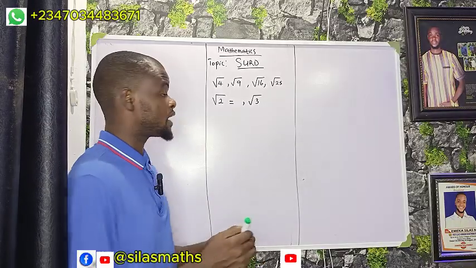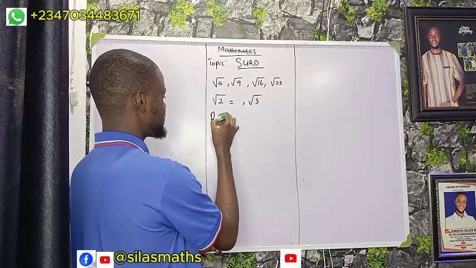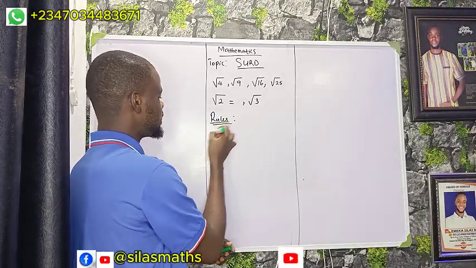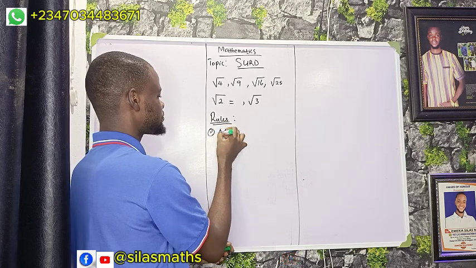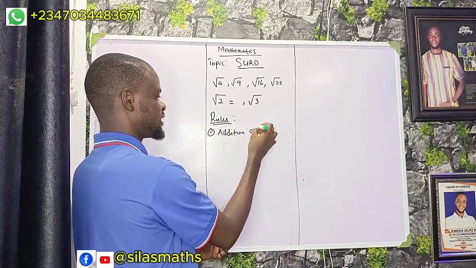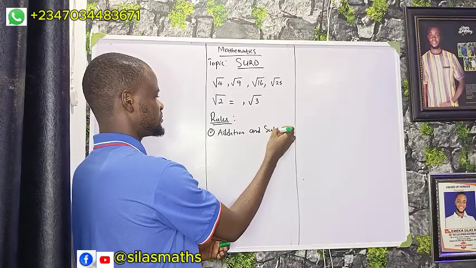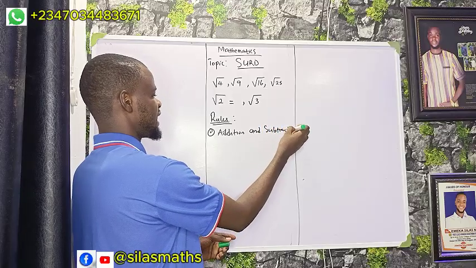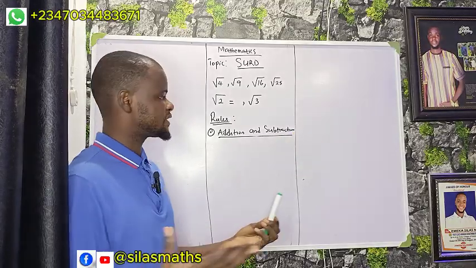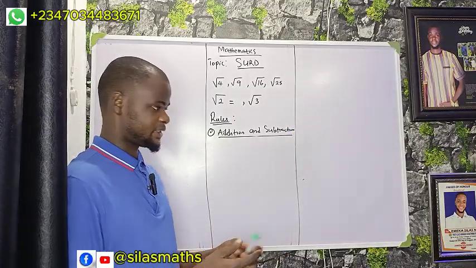Some of the basic rules we have to consider, rules of surds. Number 1 is the addition rule, or let me call it the addition and subtraction rule, because both can work together. What does the rule state?